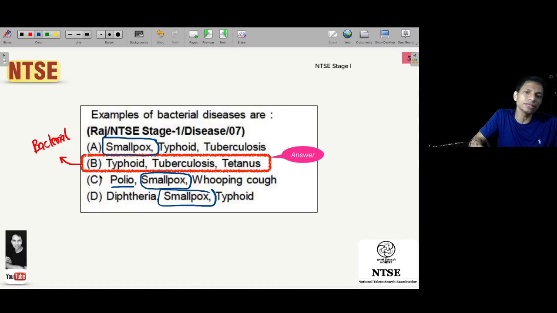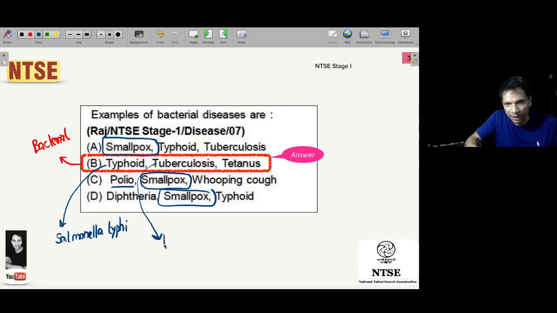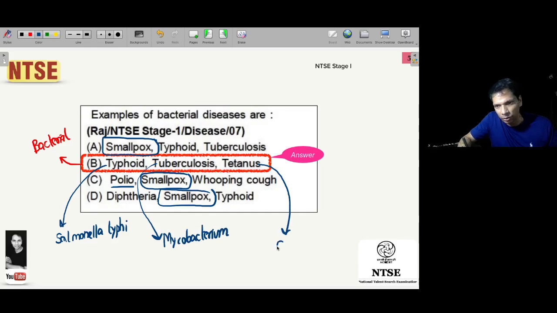Now typhoid is caused by Salmonella typhi, which is a bacteria. Tuberculosis is caused by Mycobacterium. And tetanus is caused by Clostridium tetani, which is also a bacteria.